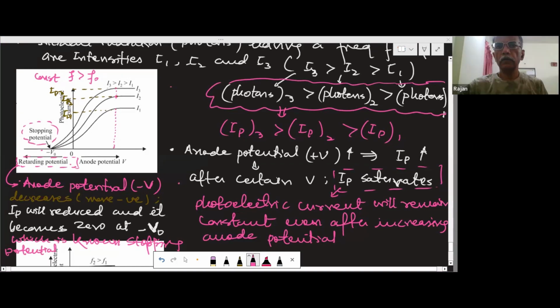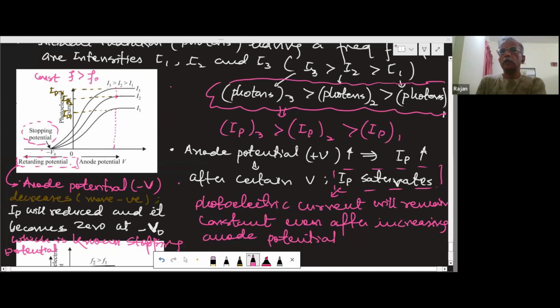Now we were talking about minus V naught. V naught is the stopping potential, and at this none of the electrons can reach. As I told you, once the electrons are liberated, these photoelectrons start moving. Since the anode is at a positive potential, they are streamlined, so all the electrons taken out of the cathode surface move towards the anode.